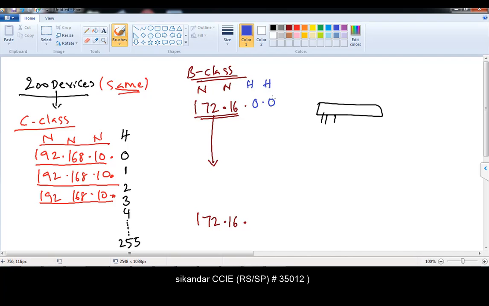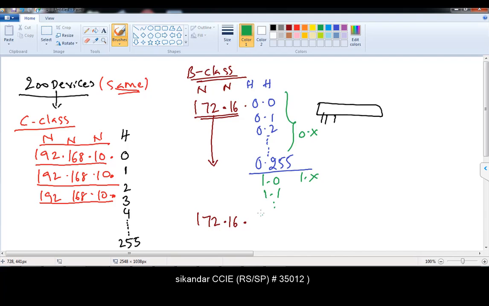So I can only play with the last two portions, which are my host portions. I can start with 0.0, 0.1, 0.2, like that I can go up to 0.255, because 255 is the maximum number in IP addressing. After this, we can continue with 1.x, where x represents any number from 0 to 255.